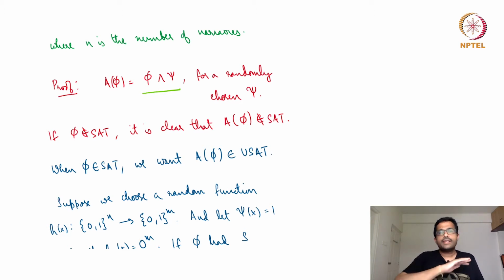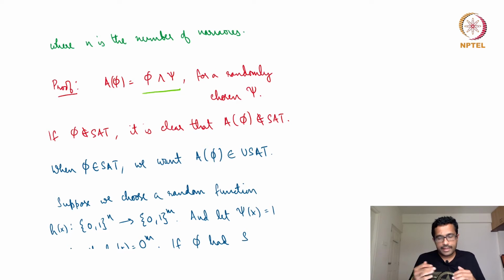You can think of psi as cutting every time, let's say you chop the space into half. So let's say phi had 10 satisfying assignments, psi keeps cutting the space of assignments, so that 10 becomes 5, 5 becomes 2, and so on, until there is a good chance of getting a unique satisfying assignment.